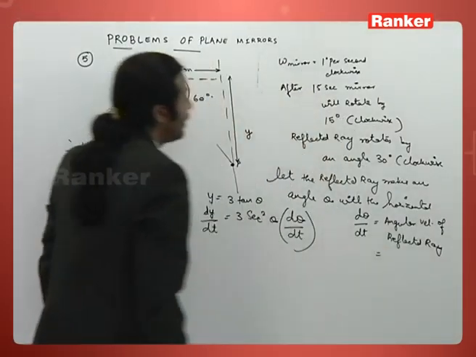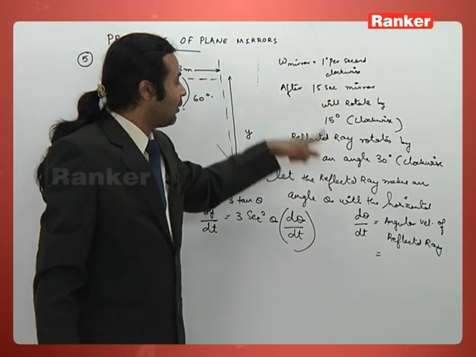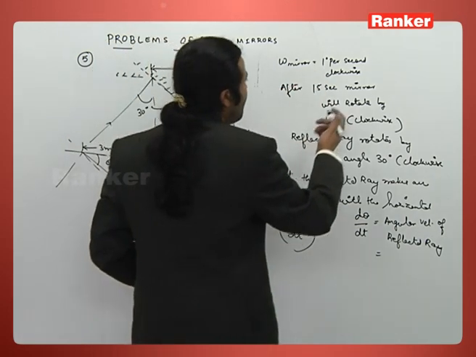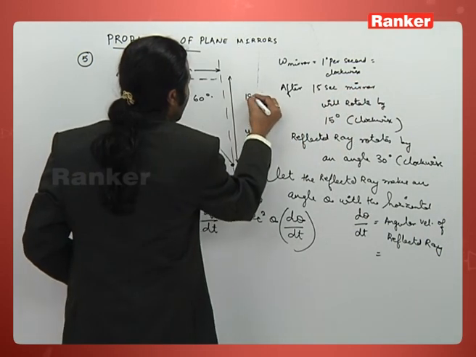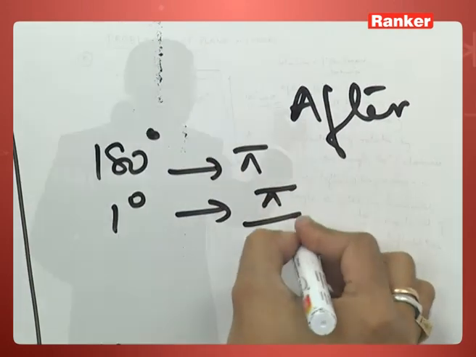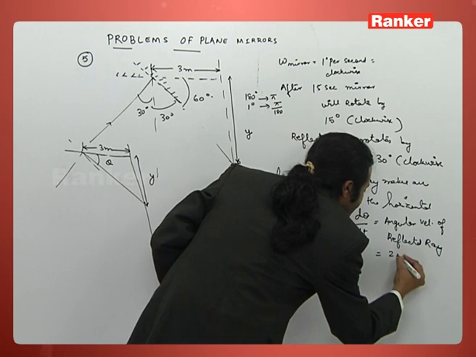We know the angular velocity of the mirror is 1 degree per second, so obviously the angular velocity of the reflected ray will be 2 degrees per second. 180 degrees is pi radian, so 1 degree will be nothing but pi by 180. So it will rotate by 2 degrees, so this becomes 2 pi by 180.